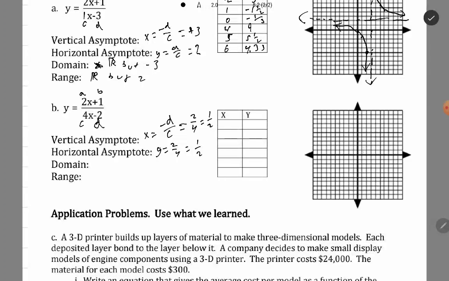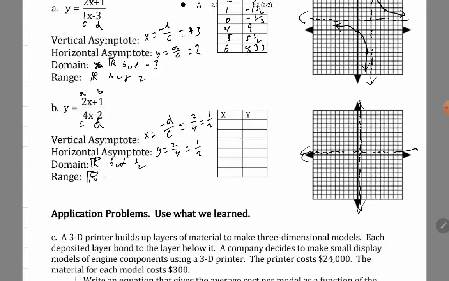I'm going to just quickly draw those in instead. So 1/2, 1/2, okay, everything but 1/2.